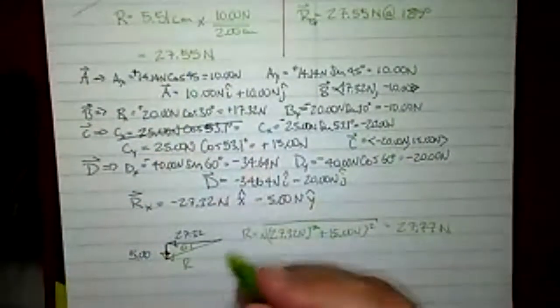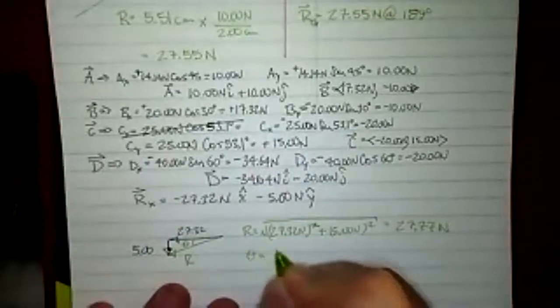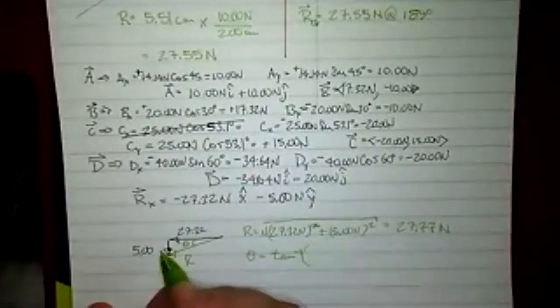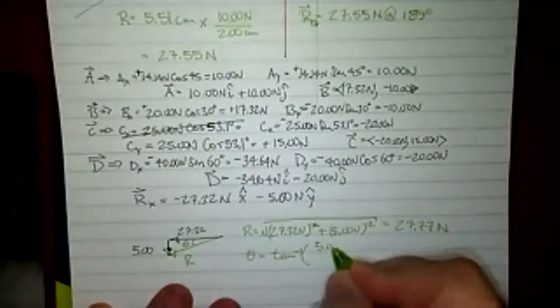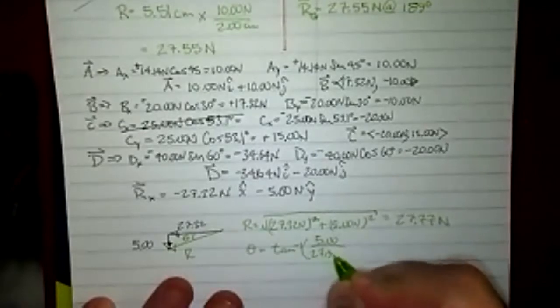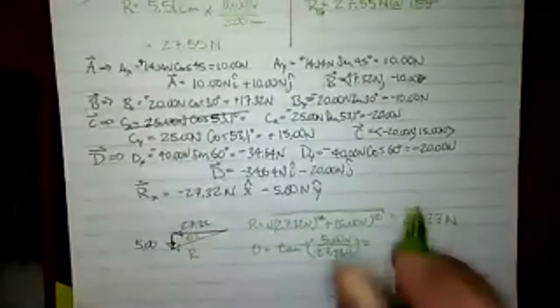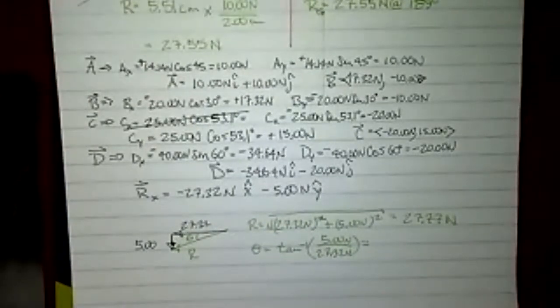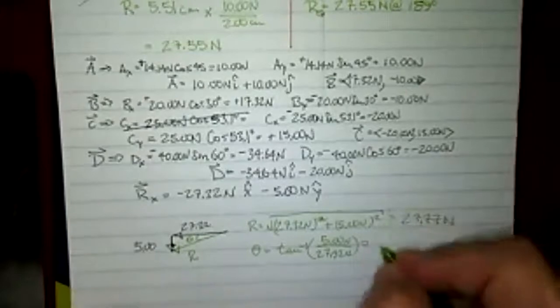The angle, on the other hand, I'm going to use my inverse tangent. So theta is going to be the tangent inverse of the opposite, which is 5, over the hypotenuse, which is 27.32 newtons. And when I do that, 5 divided by 27.32, now do inverse tangent, or arctan, depending, and I get roughly 10.3 degrees, 10.4 degrees.